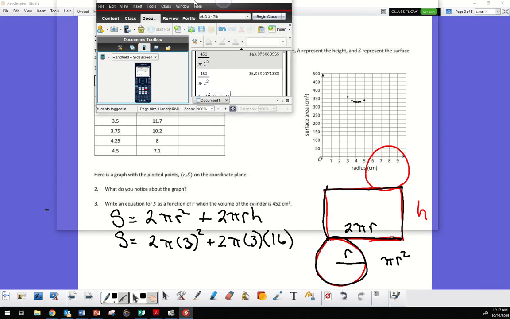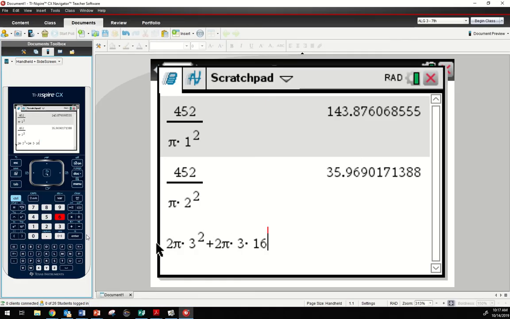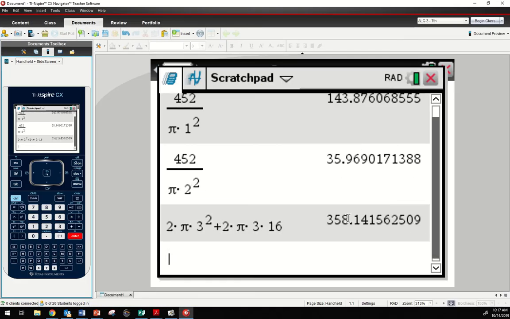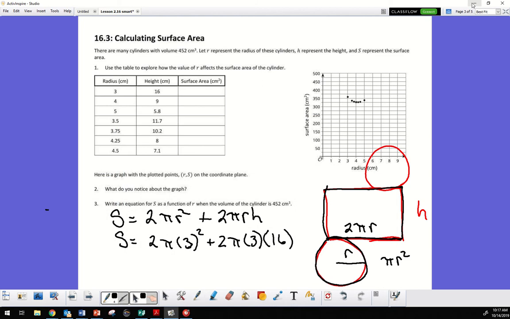Yes. All right, hit enter. And my first surface area is going to be 358.1.